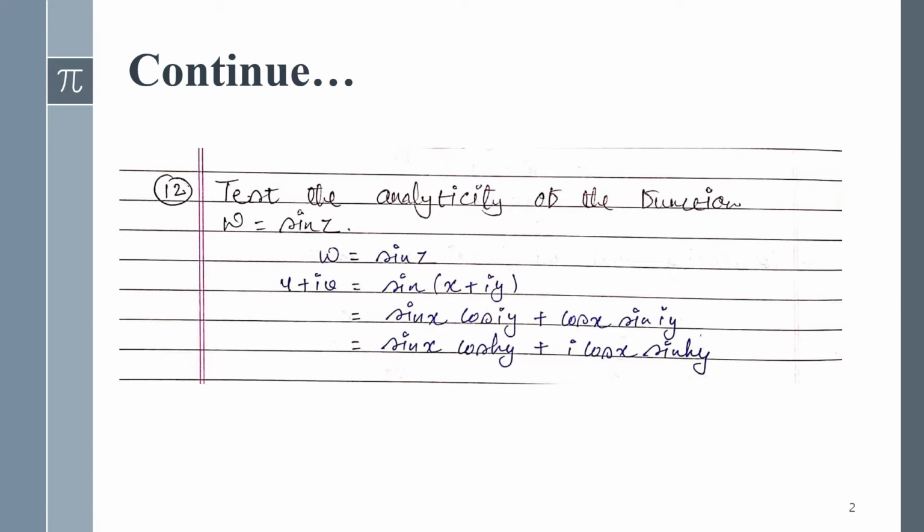So sin x stays as it is, and cos iy converts to hyperbolic, cos hy. Cos x stays as it is, and sin iy, again a circular sine function, equals i into sin hy, so i cos x into sin hy.